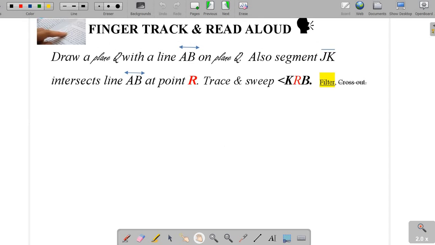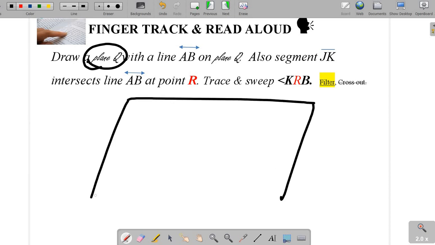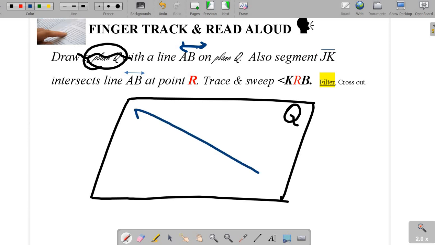It says draw a plane Q. Notice that Q is technically italics. So I'm going to start with the plane, and that Q should be italics in the upper hand corner, and that's not a point. That names the whole plane. With a line AB, and it's a line, so it doesn't matter which way the line tilts, but it is a line, must have two letters and 2 capitals, AB.